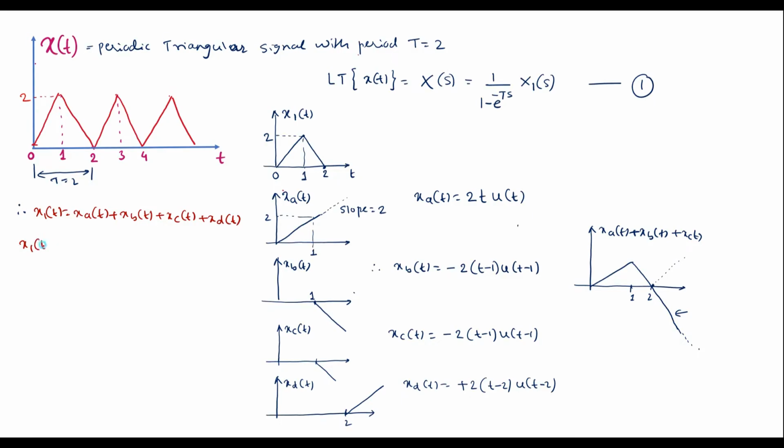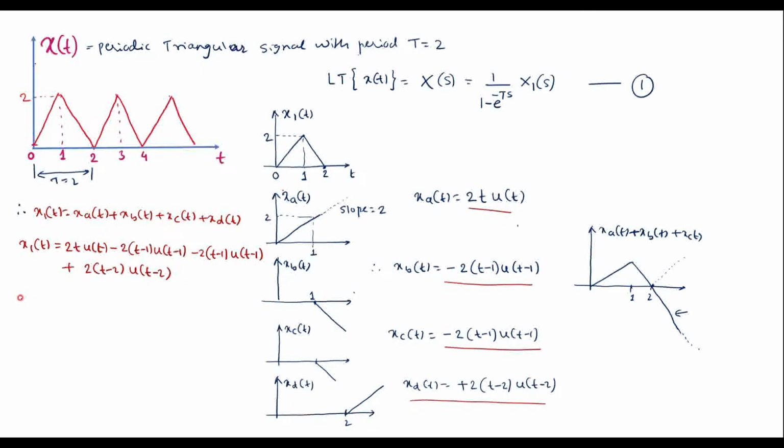I can represent it as x1 of t is equal to xa of t, that is 2t u of t, plus xb of t, that is minus 2 t minus 1 u of t minus 1, plus xc of t, that is again minus 2 t minus 1 u of t minus 1, plus xd of t, that is plus 2 t minus 2 u of t minus 2.